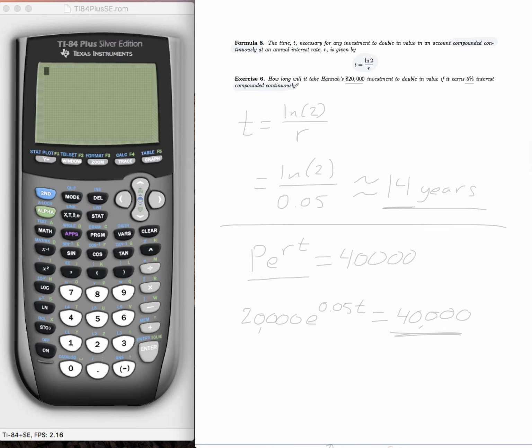So our formula for doubling time is going to be very useful in the next exercise, where we have Hannah back again. This time she has $20,000, and she wants to see how long it will take to double in value at 5% compounded continuously.